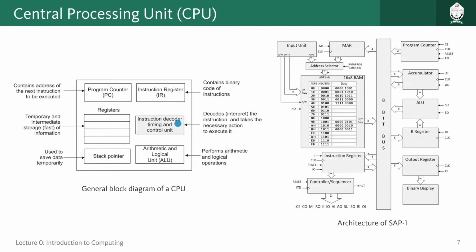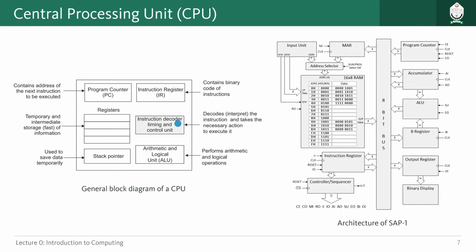In the controller sequencer, if you remember correctly, we had a decoder unit which was decoding the different instructions we had in our dictionary, like add, sub, mul, then halt, this kind of thing.